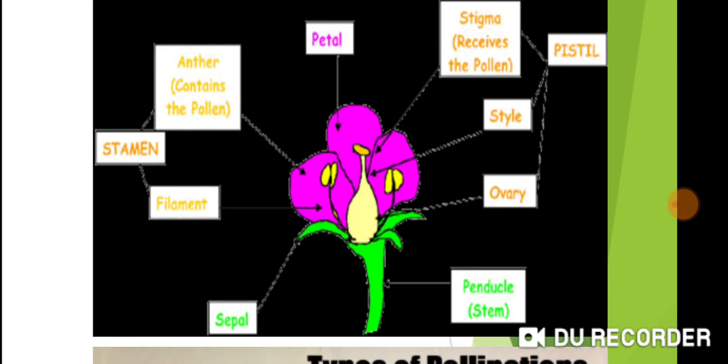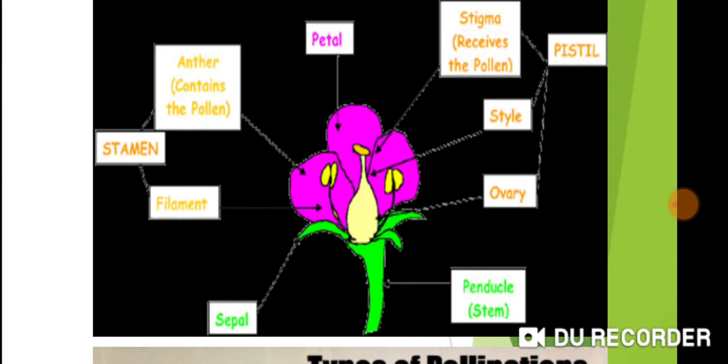The filament and the anther together are known as the stamen. So basically the anther is the male reproductive part from where the pollen grains are carried by heavy wind, butterflies, honeybees, etc., and are transferred onto the pistil.